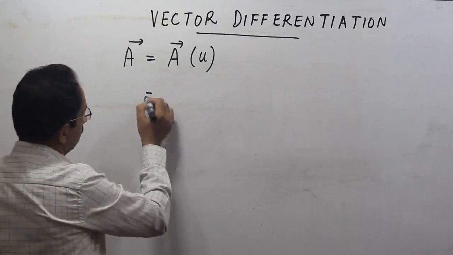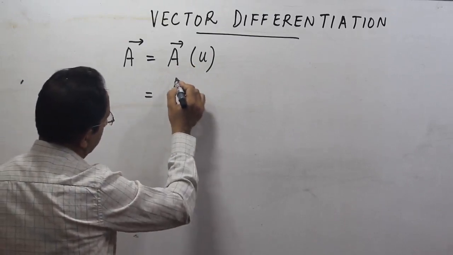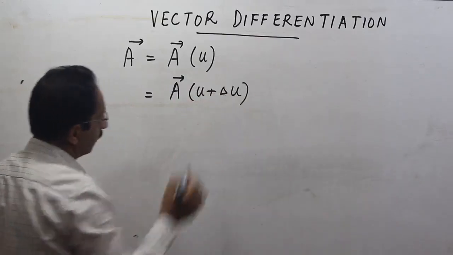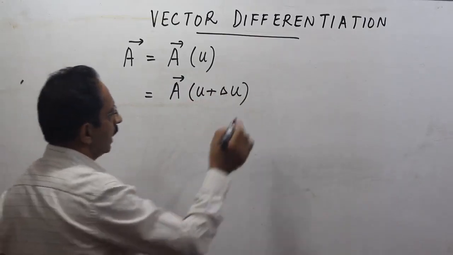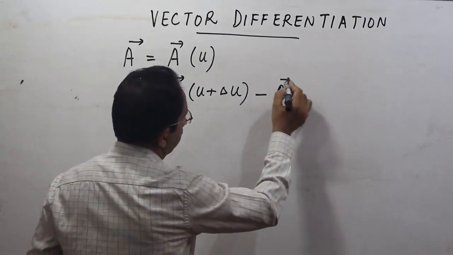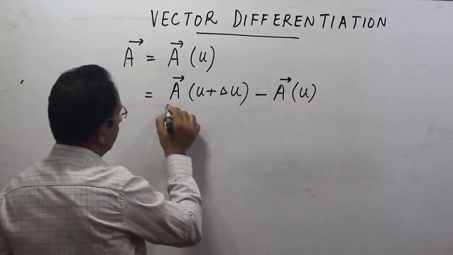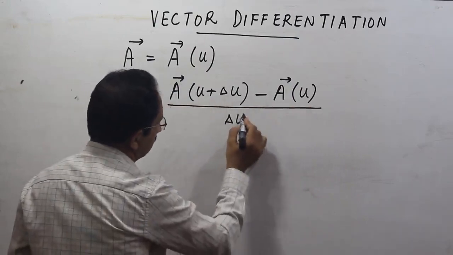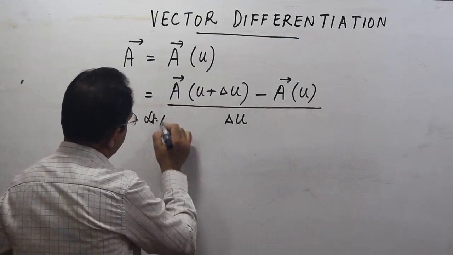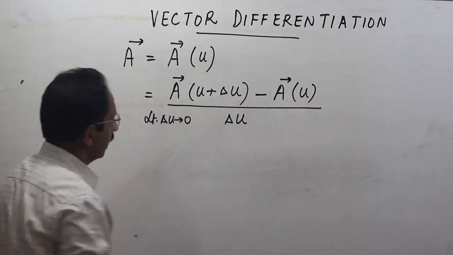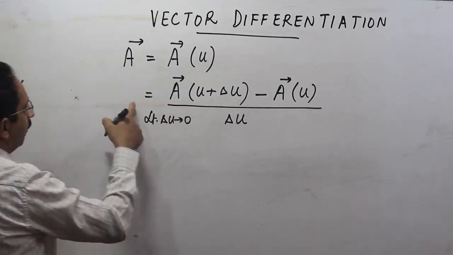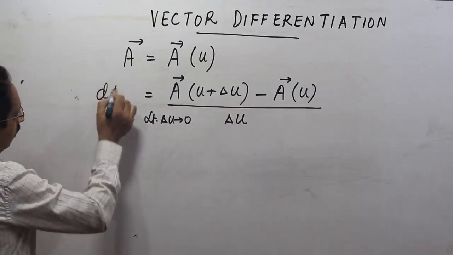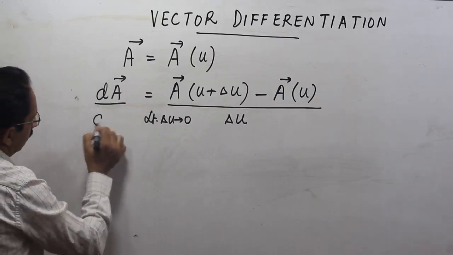So I could replicate the change as we did in the earlier case. I have the value of this vector function at a point u plus delta u, minus what was its value earlier, that is A of u, divided by the change in value of parameter u, that is delta u, and apply the limit, that limit delta u tends to 0.